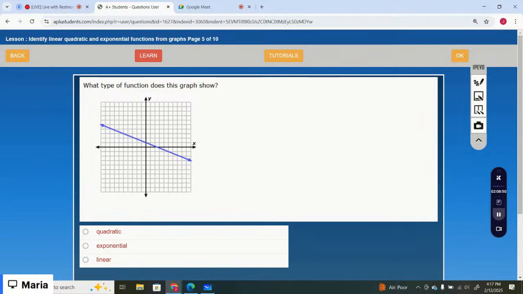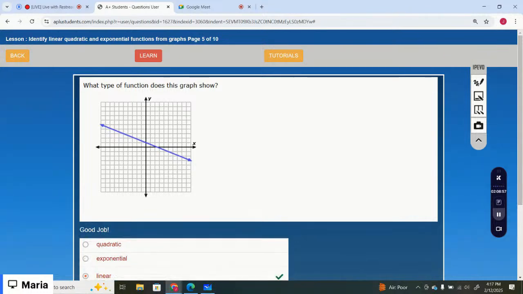What type of function does the graph show? That is the linear function. Option number 3 is the correct option.